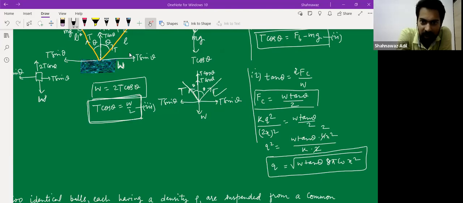Yes, you can see that K is 1 by 4 pi epsilon naught, so 1 by 4 pi epsilon naught goes in the numerator. It came here, right? This is the 4 pi epsilon naught multiplied with this 2, so 8 pi epsilon naught. Okay, Tariq?